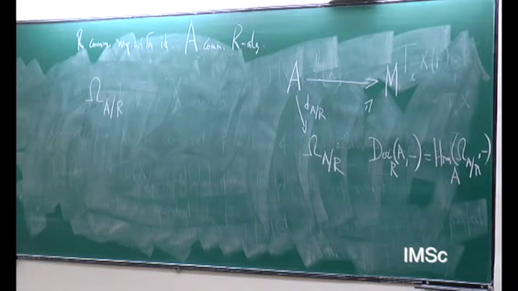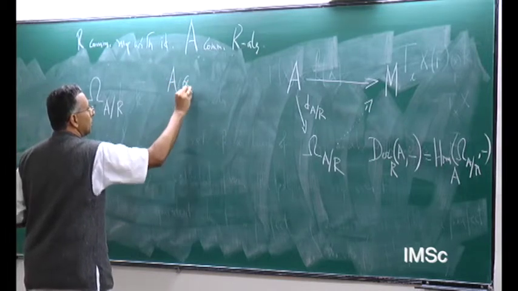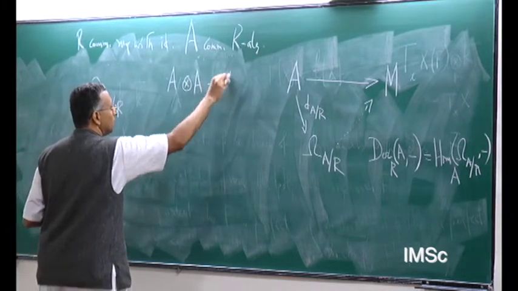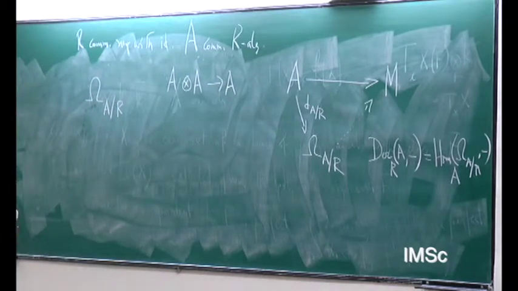So we are only reduced to showing existence. And what did we want to do about existence? We said look at the map A tensor A to A. This was like the diagonal. If you think geometrically, this should somehow be the diagonal embedding of X, if A is the ring of functions on an affine variety X, the diagonal of X sitting inside X cross X.